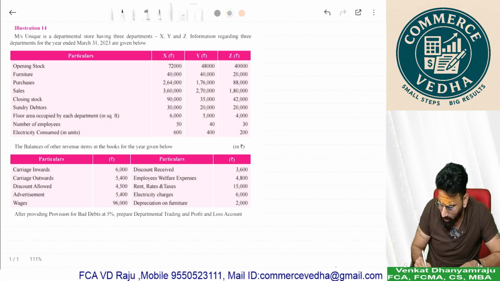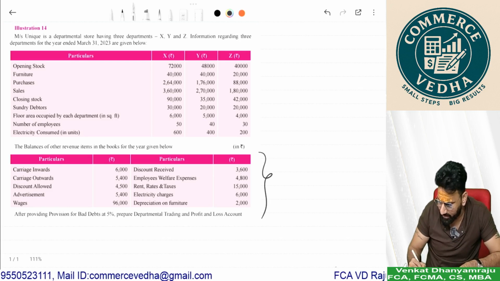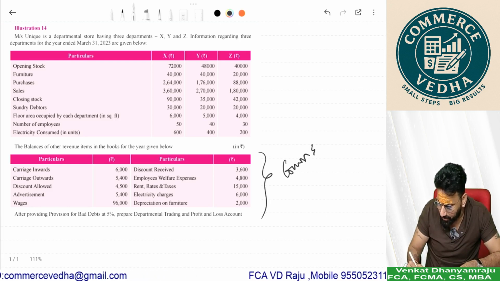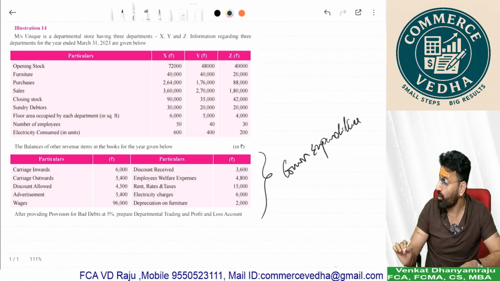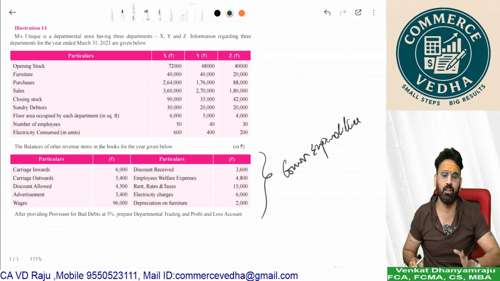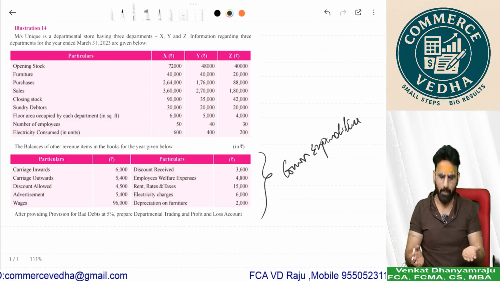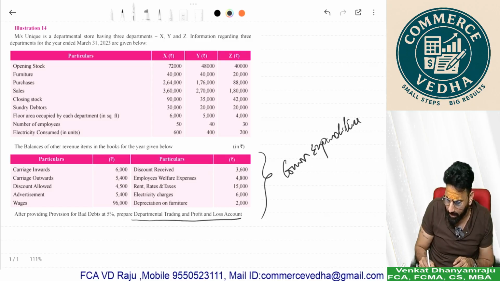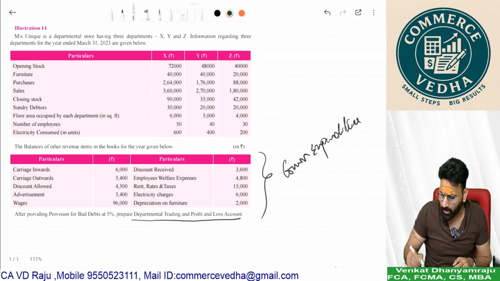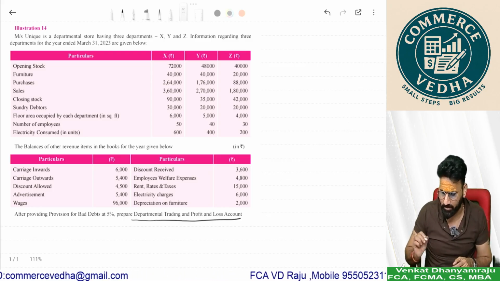How we allocate this common expenditure is important. Once you allocate the common expenditure, you prepare what they ask, the departmental trading and P&L account. So the rule is, how do we allocate the common expenditure? This is the important thing to learn.